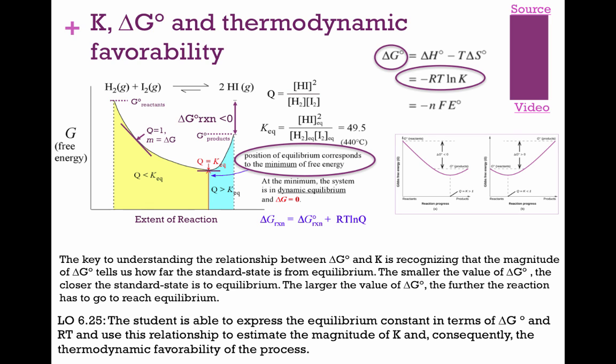When you're relating equilibrium and energy or spontaneity or thermodynamic favorability, you can relate energy and equilibrium using delta G equals negative RT ln K. If K is a really, really big number, your delta G will be very, very negative. If K is a pretty small number, then your delta G will be either not very negative or positive.